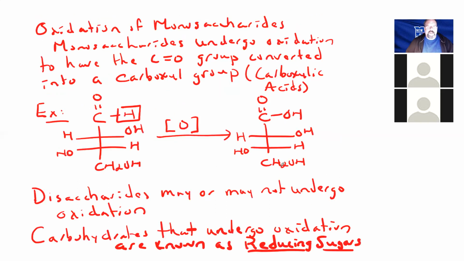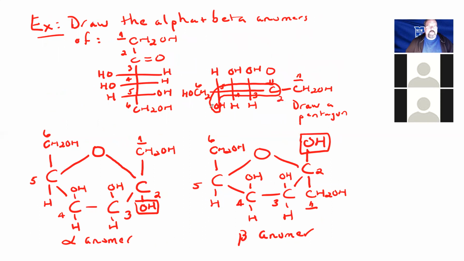So if you go back to the example that we did with this ketohexose, the way I would know it's a reducing sugar is whether you look at the alpha or the beta form. If we look at the alpha form, where's the anomeric carbon? The anomeric carbon is carbon number 2.